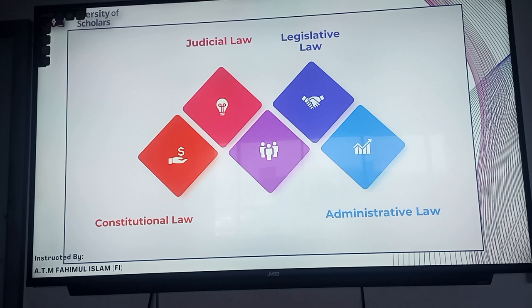We can also mention our North Dhaka City Corporation, DNCC, or South Dhaka City Corporation, DSCC. Those are legislative law. If they enact any law, they are legislative law. What about administrative law? Administrative law is the actual legal framework within which public administration is carried out.